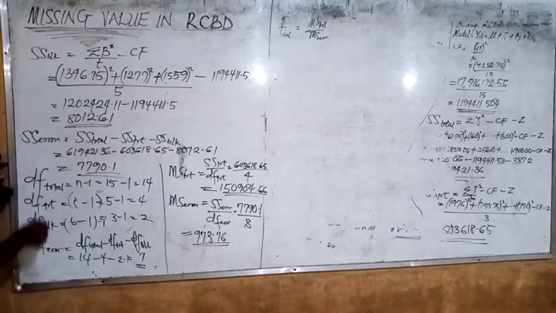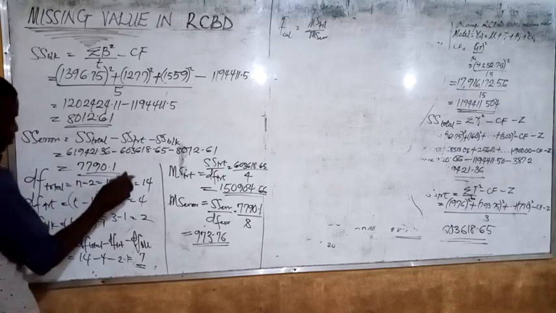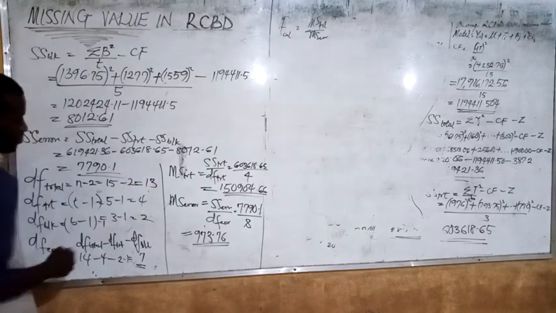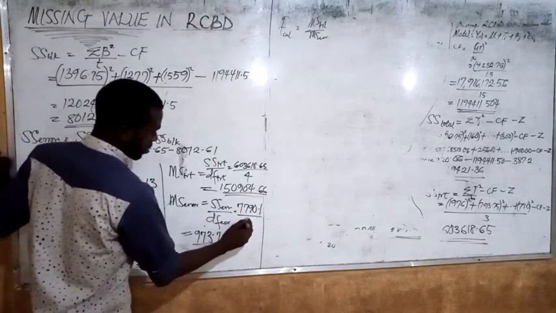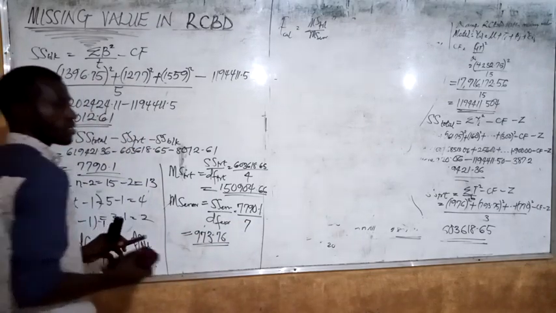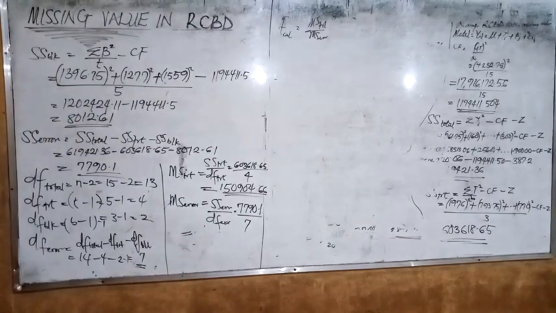The DF total changes to n minus 2, which is 13. All right, let me compute this now, with 7.